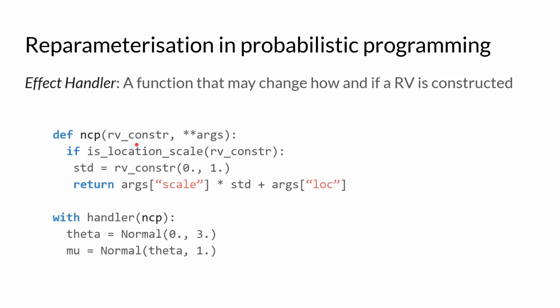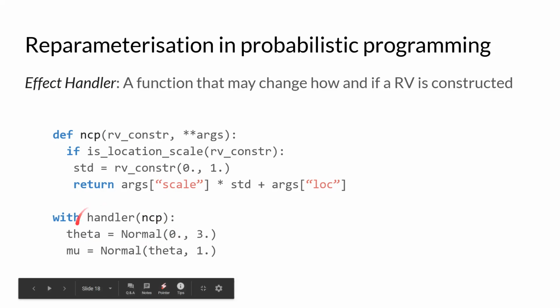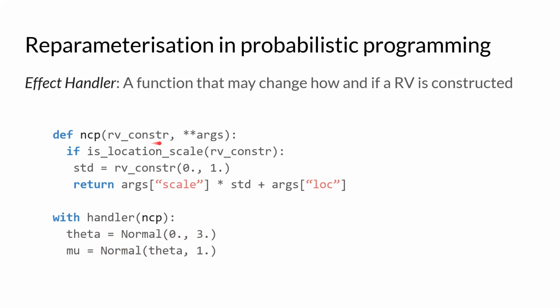So if we execute a model, say theta equals normal 0,3, mu equals normal theta 1, in the context of this handler NCP that we define just as a simple Python function, then when we reach the normal 0,3, instead of sampling from normal 0,3, it's going to go inside the body of this NCP handler, which takes a random variable constructor, so normal, and takes the arguments to this constructor as a dictionary.